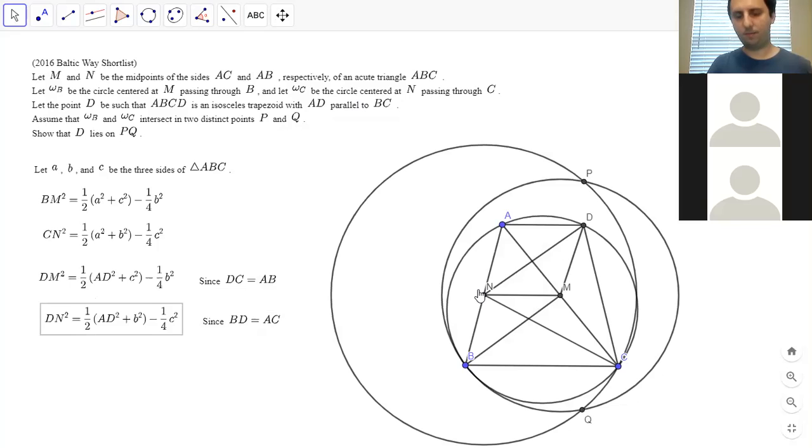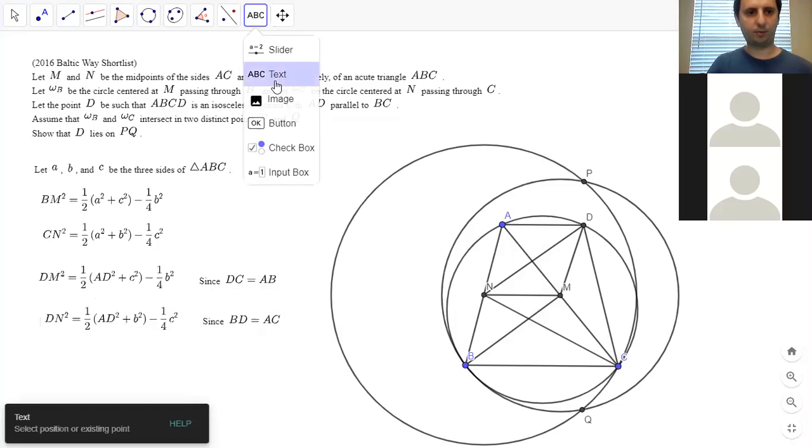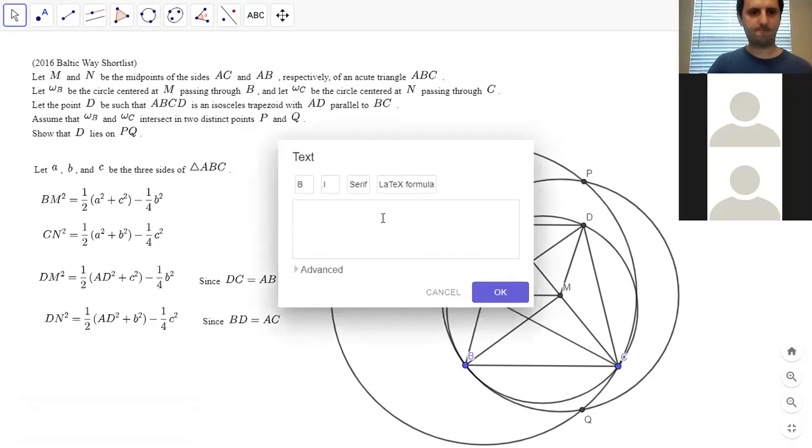Okay, so then we have DN squared minus CN squared equals DM squared minus BM squared. Or CN squared minus DM squared is equal to BM squared minus DM squared.